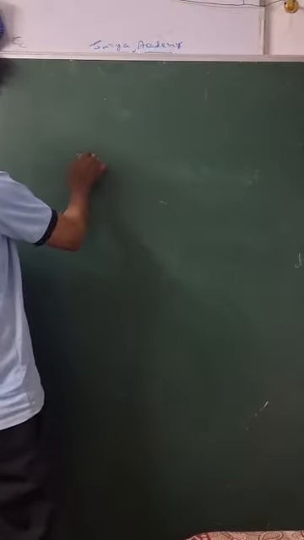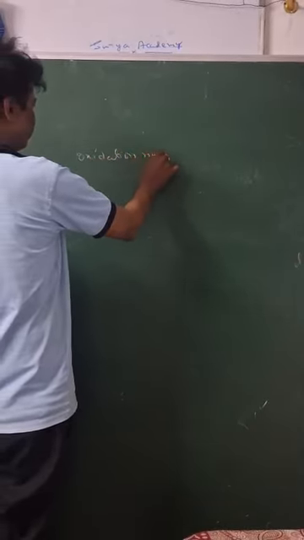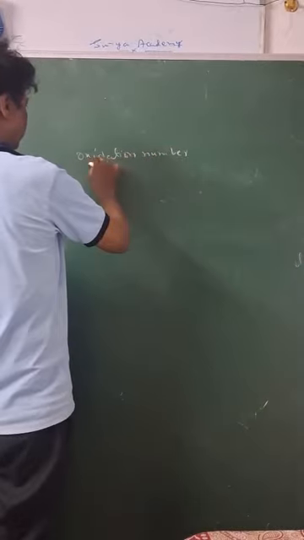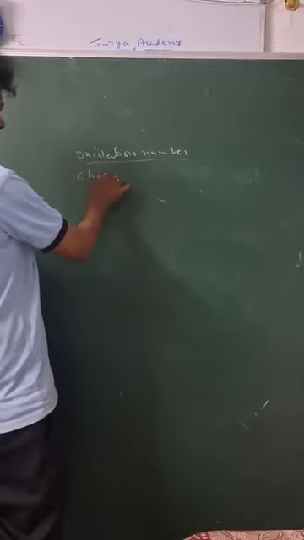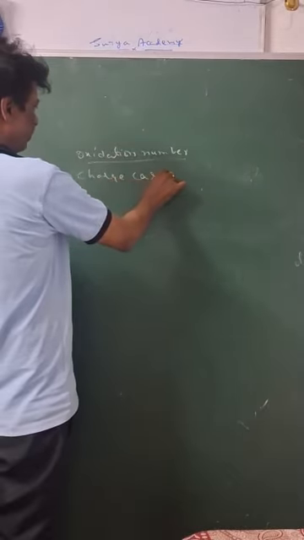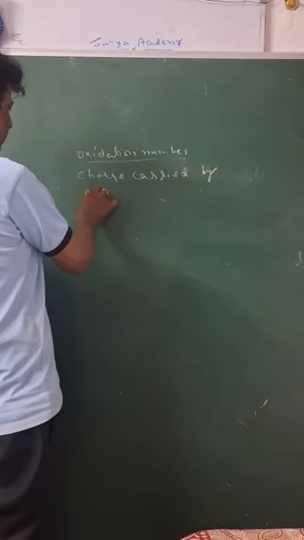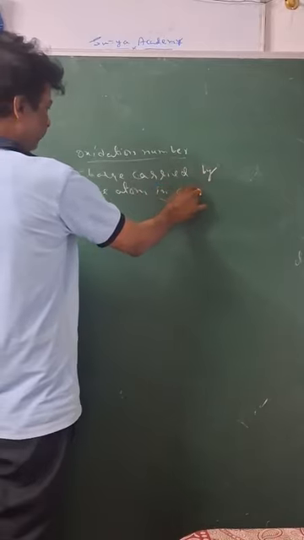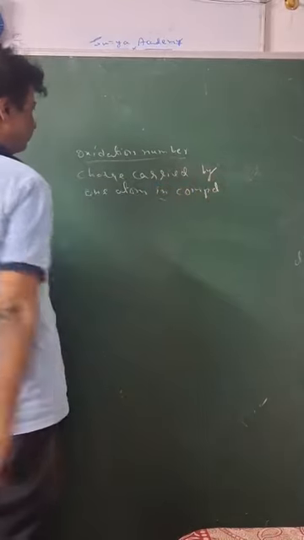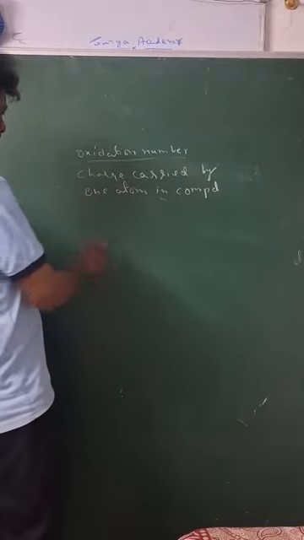Let us study oxidation number, or oxidation state. Oxidation number is the charge carried by one atom in a compound.